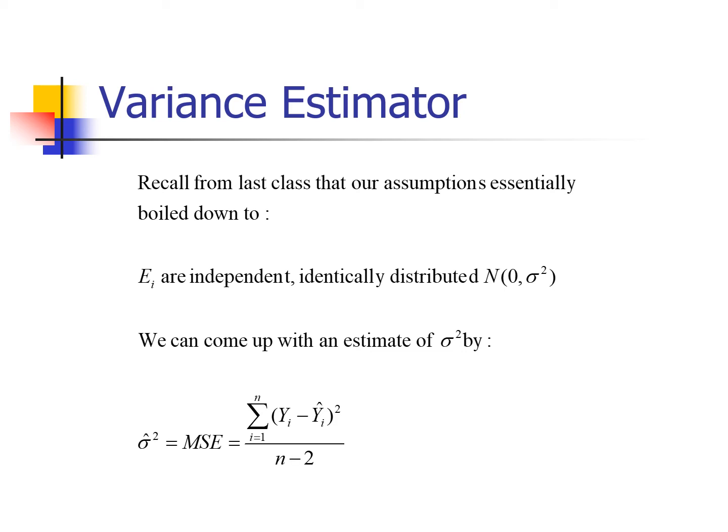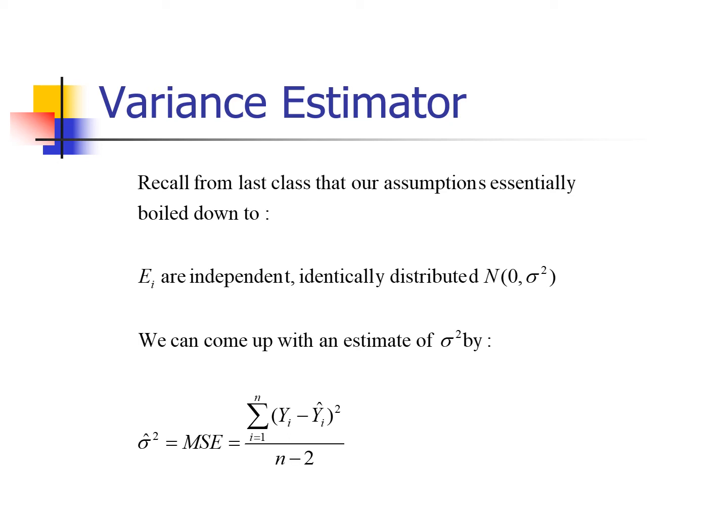Recall from last class, we said our assumptions, all 4, could be summarized with the statement that the errors, the actual E's, are IID, independent, identically distributed. They come from a normal distribution with a mean of 0 and a common variance sigma squared that doesn't depend on i and hence doesn't depend on the X's.